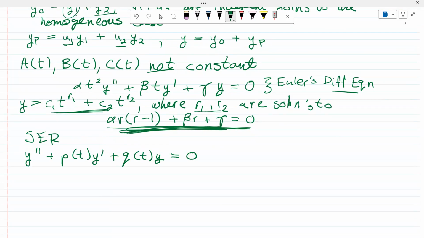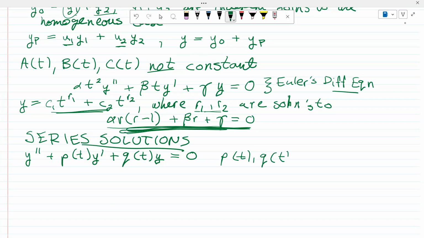Here we have to use our series solutions. So, in this case, we have that p of t and q of t are both polynomials. That just makes these computations a lot easier.